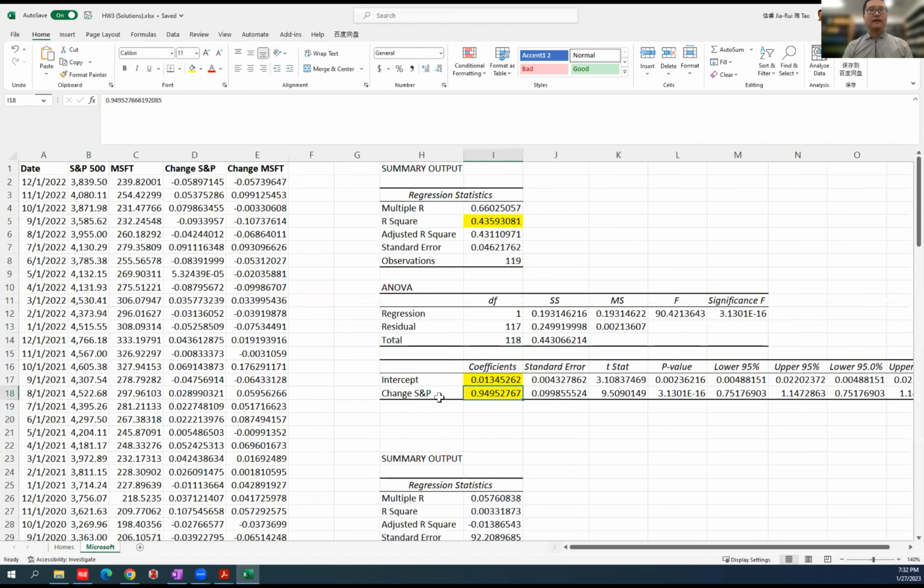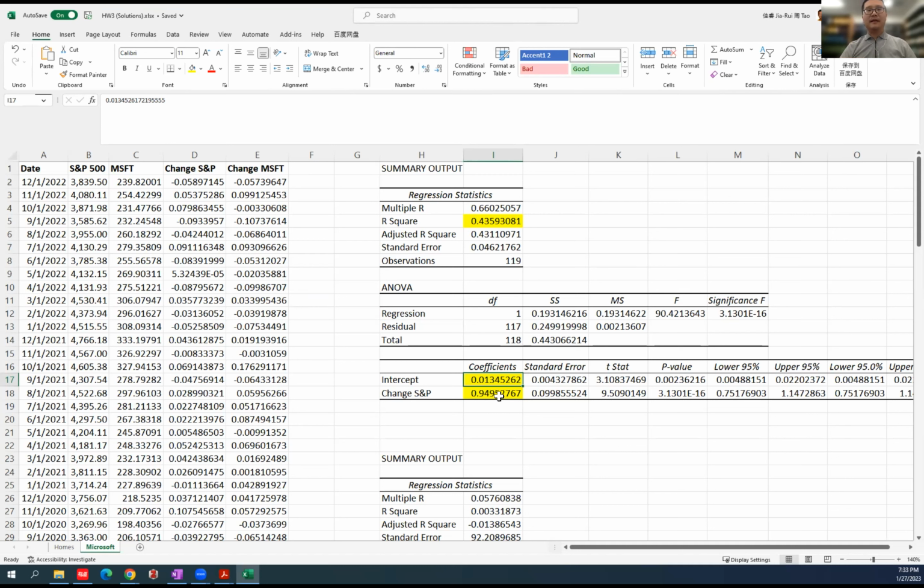And in the Microsoft case, in problem 2, the intercept here means that if the general market S&P change would be 0, so the stock price for S&P stays the same, then the percentage increase of Microsoft stock price would be 0.01%.